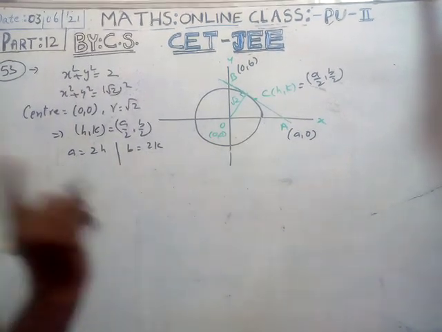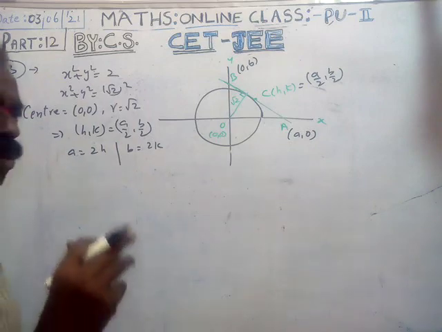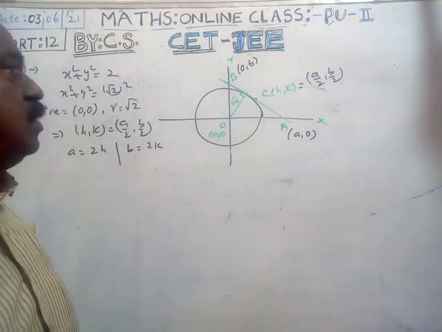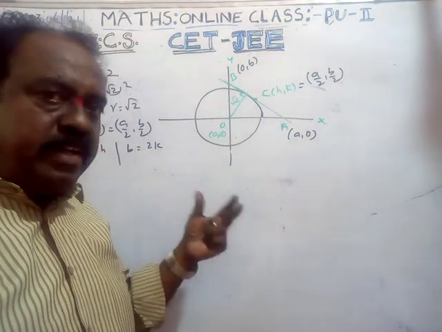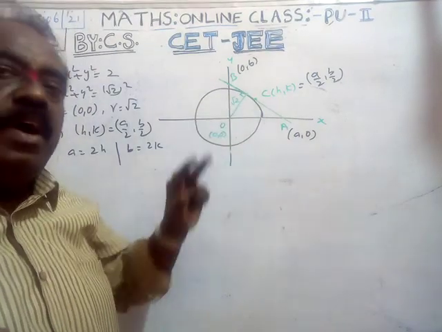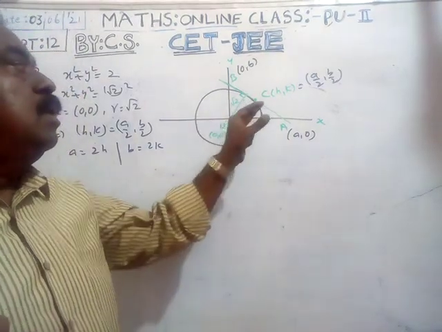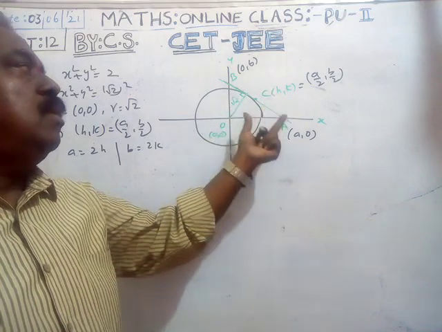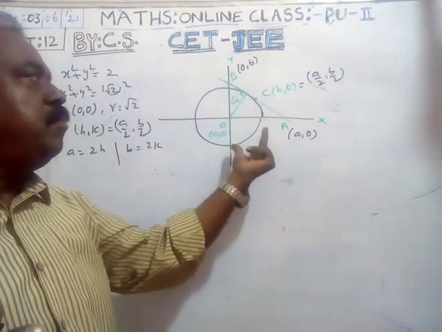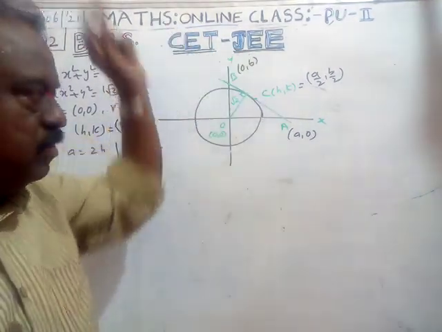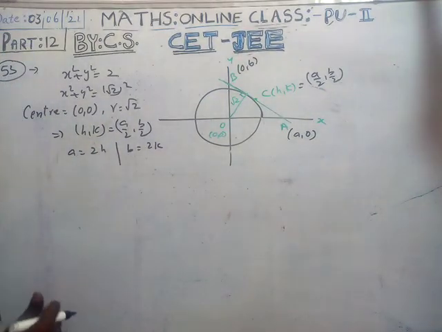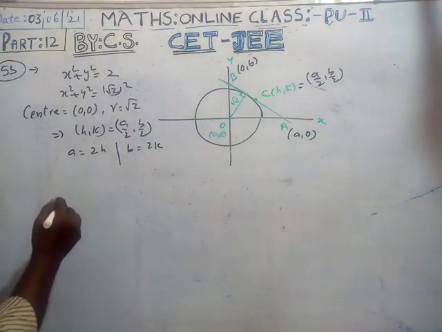Now remember, for a locus we have to get one equation, with the condition that the point is moving. Locus means we have to obtain an equation related to h, k. Here you see there is a triangle OAB.